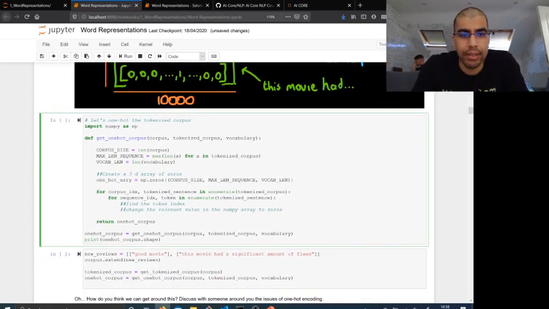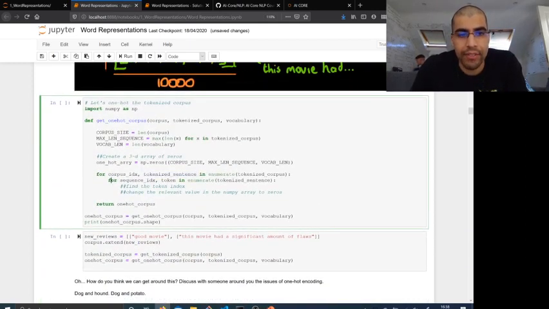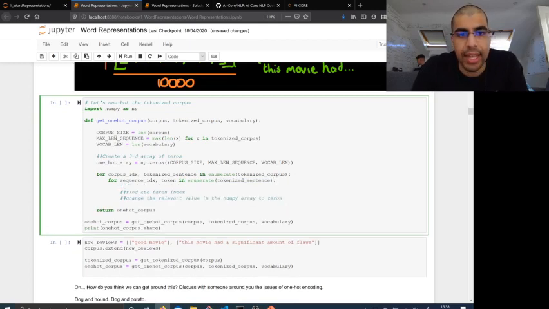Now we're going to loop over our tokenized corpus. So we have the index of the corpus that we're currently looping over, and the actual tokenized sentence itself, right? And for every sequence index and the token in the tokenized sentence, we want to find the index of that token.